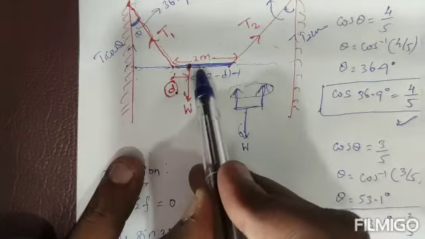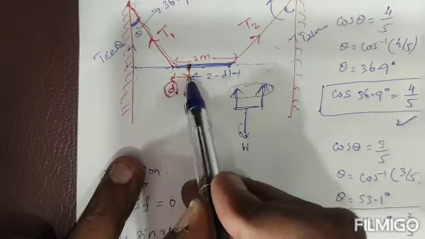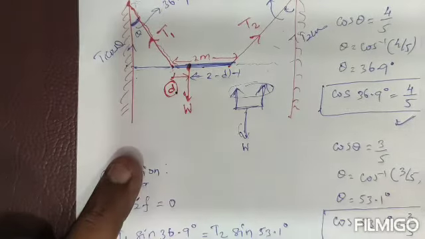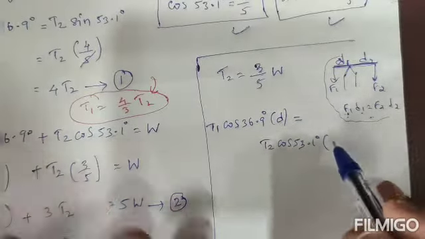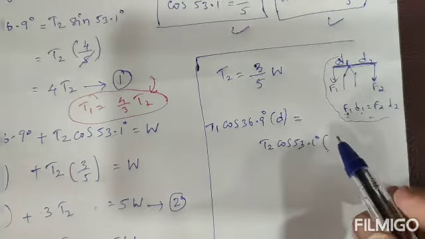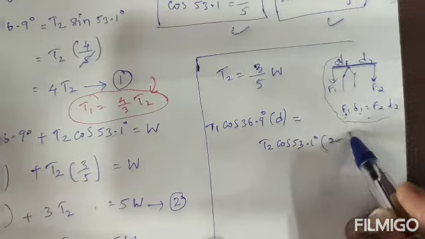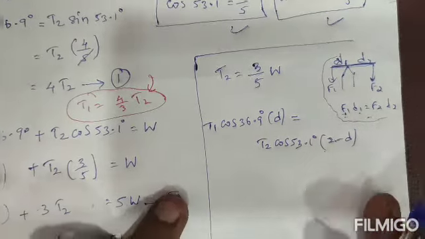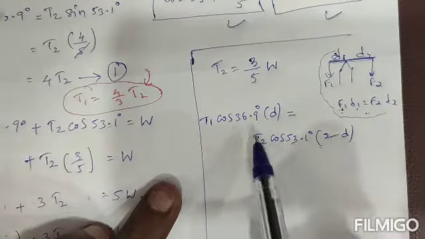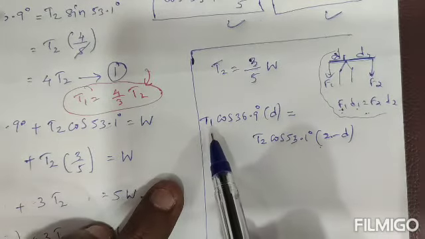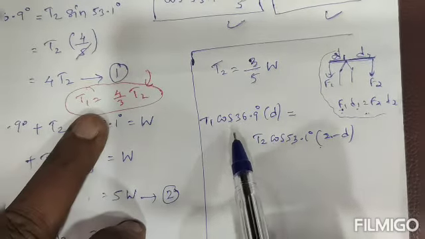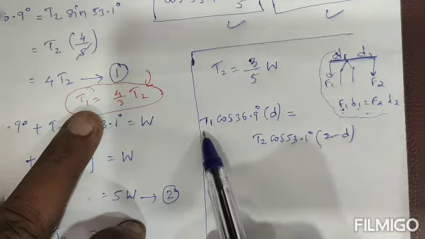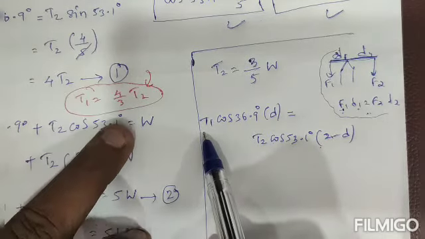The total length is 2 meter, up to here is d. What about the remaining part? 2 minus d. So I write that here: 2 minus d. Now we can replace the values. T1 we can write as 4 by 3 T2.